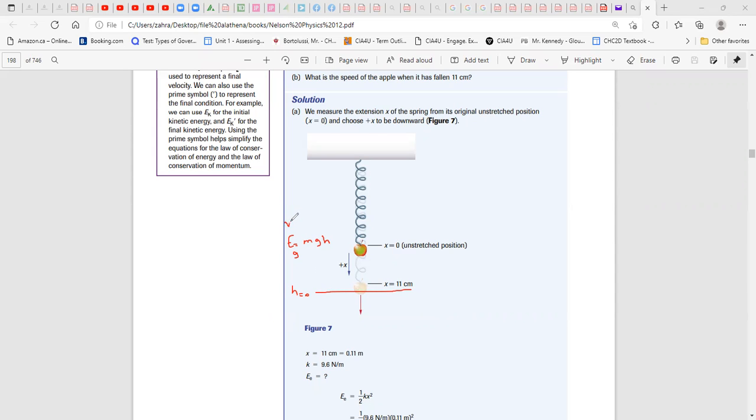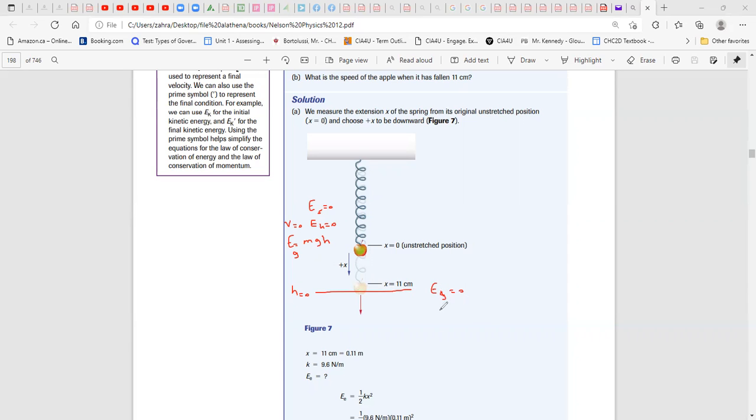So here velocity is 0 because you're just holding it up, and it is at the unstretched position, right? So kinetic energy is 0. Also E of spring is half kx², x is 0, so it's 0 here. When it's there, my E of gravity is 0 because it's now at my zero potential energy.